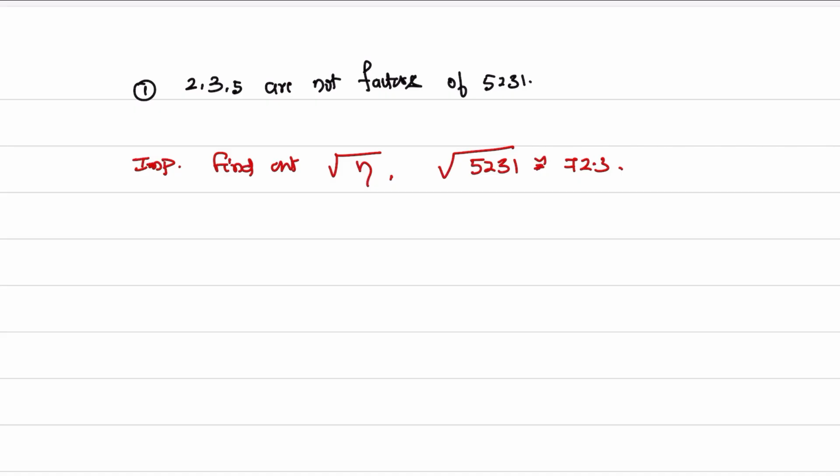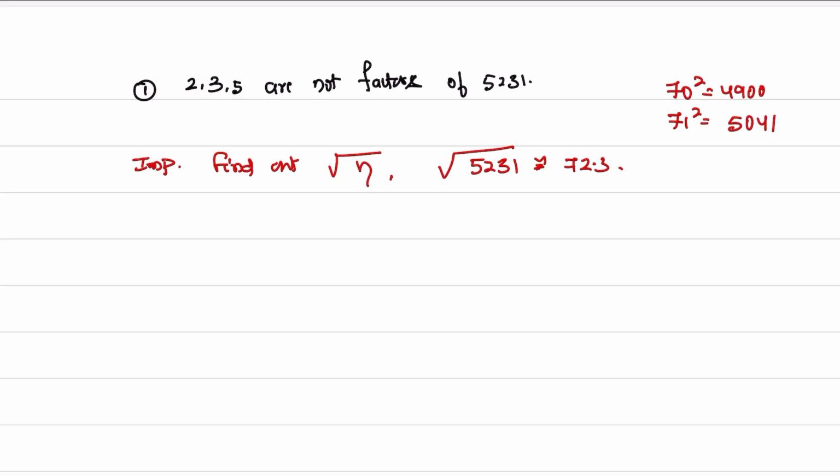The square root of 4900 is 70. 70 squared is equal to 4900. 71 squared is equal to how much? 71 into 71, please see, is 5041.